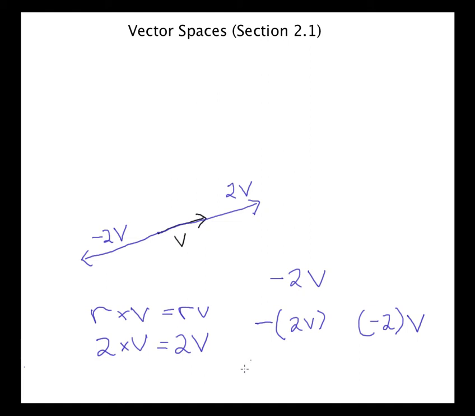Well, if you write this out carefully, this is minus 1 times 2 times v, whereas this is minus 1 times 2 times v. And these two things are equal by one of the rules, the associativity of scalar multiplication. So it doesn't matter which way you think of it.